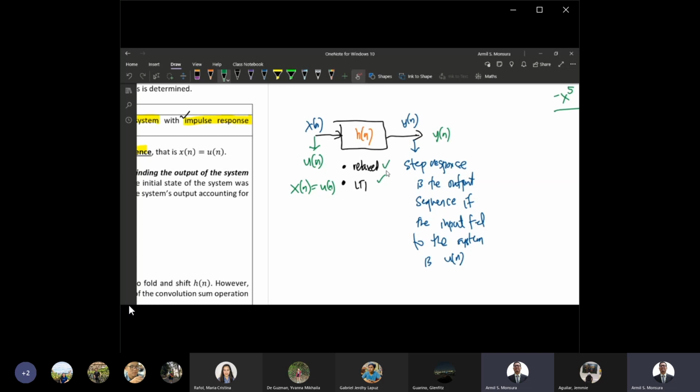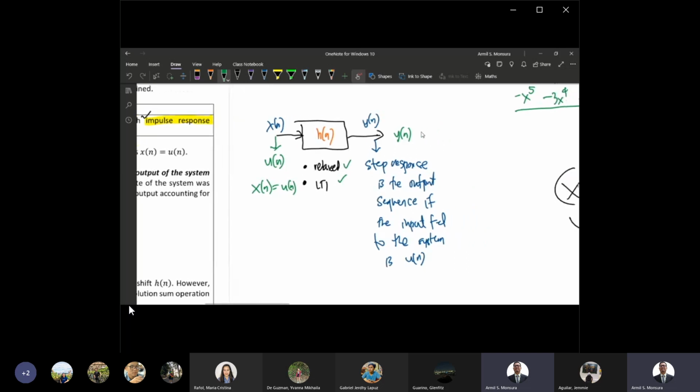If the system is not relaxed and not LTI, hindi siya ma-represent ng h of n. So the output sequence here is computed as the convolution sum of x of n and h of n. Yan yung context natin sa example 3.